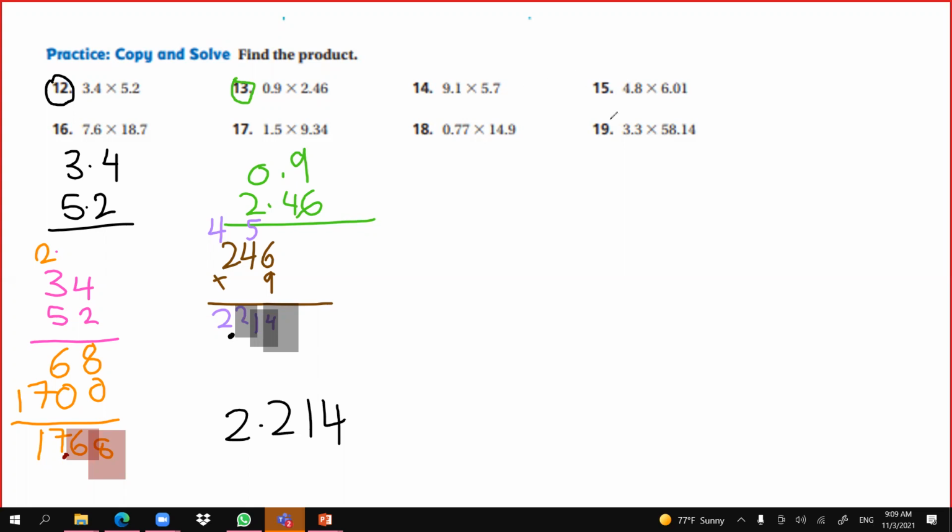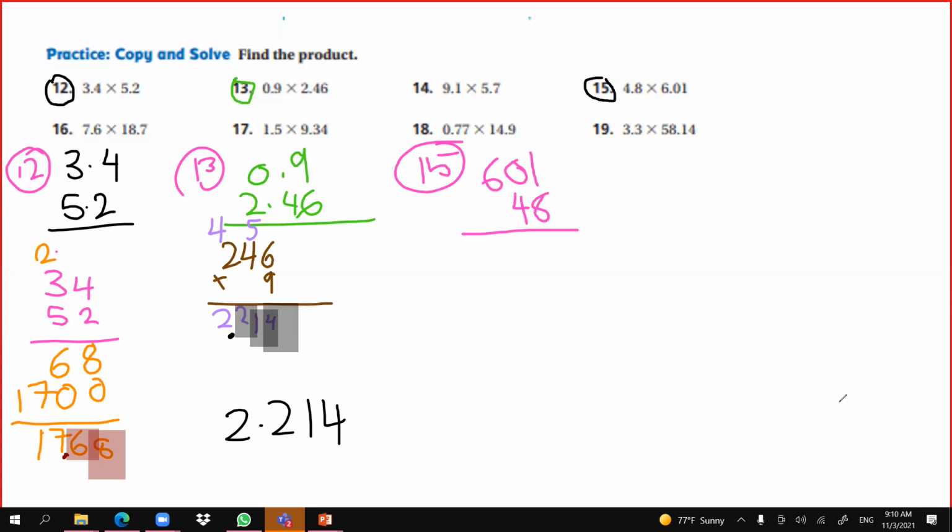I want you now to solve number 15. 601 times what? 48.